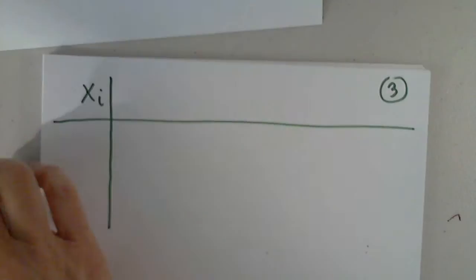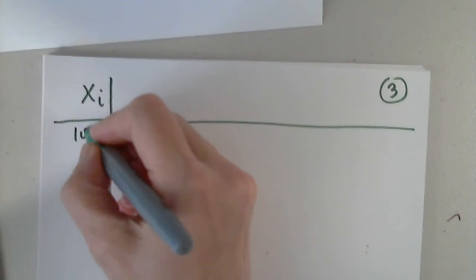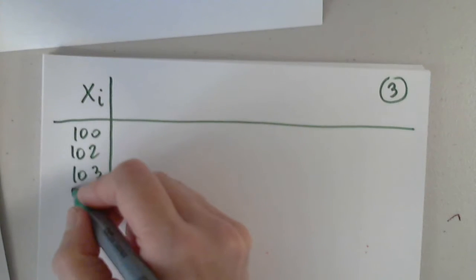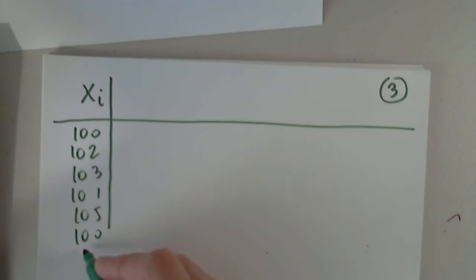Okay, so xi. I'm copying my data. Here's my xi: 100, 102, 103, 101, 105, 100, 99, 105.